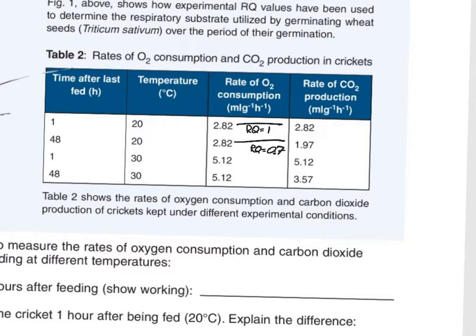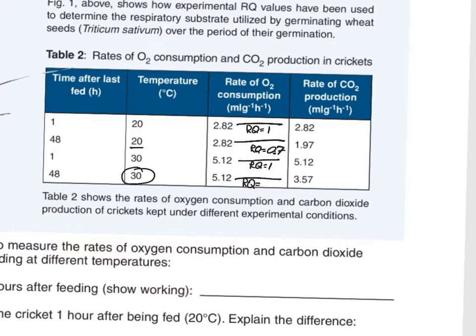Does that make sense? The RQ value here is 1. What about this one? Now, at 30 degrees, it's warmer, right? That's Celsius, so it's much warmer. 10 degrees Celsius is a much bigger deal than 10 degrees Fahrenheit. Right? All right. So at 30 degrees, now what's the RQ value here?